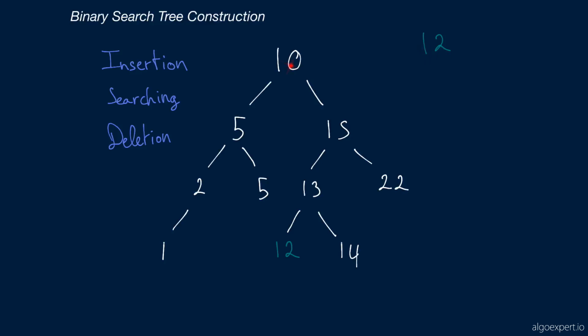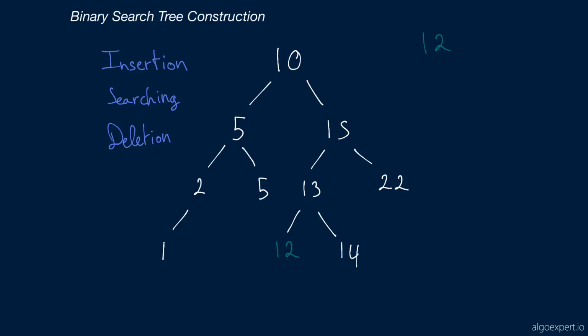And so we notice that 10 is smaller than 12. Therefore, if 12 is contained in this BST, it will have to be to the right of 10. If 12 were located to the left of 10, then we're not dealing with a BST. But here we are assured that we are given a BST, so 12 must be to the right of 10.